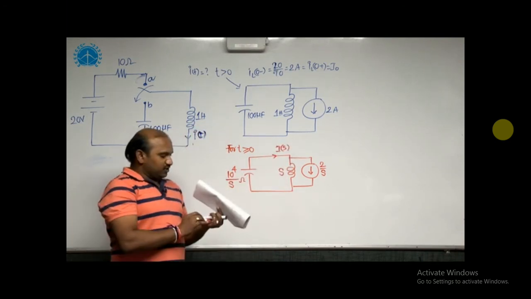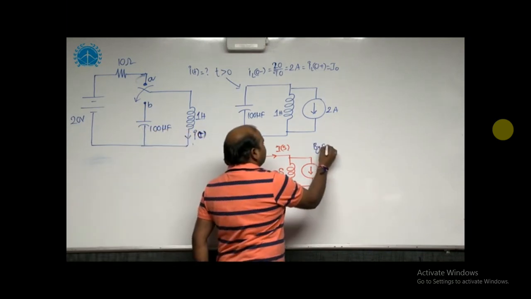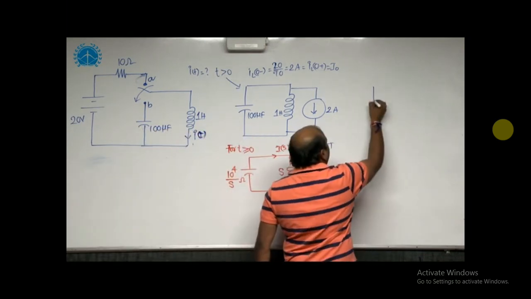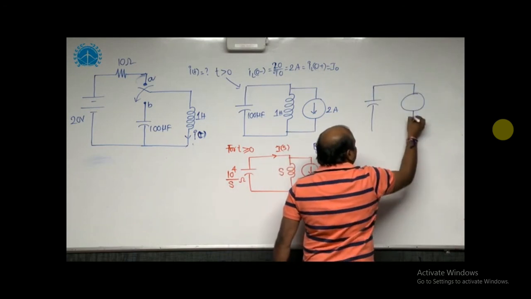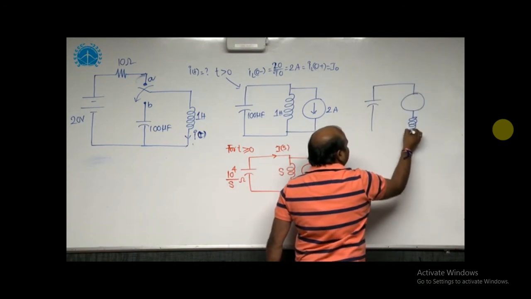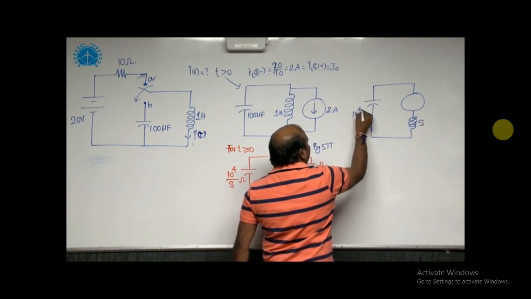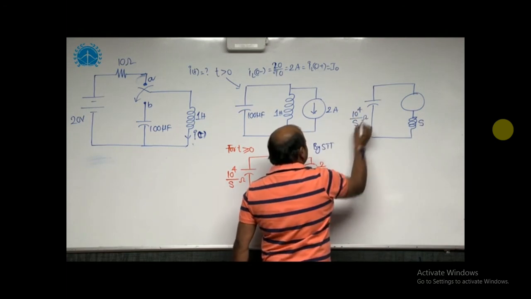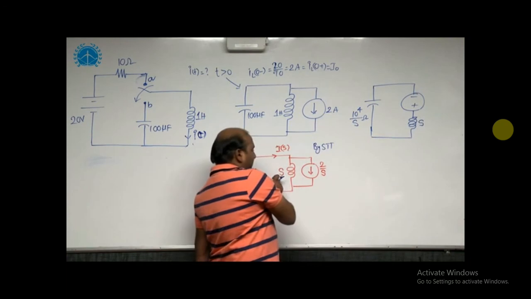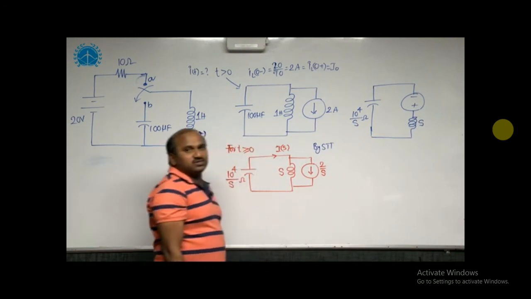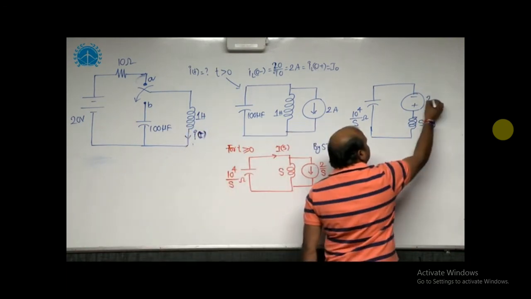Here we need to use the source transformation technique. By STT, I can get the LC circuit like this, a voltage source in series with the same inductance. This is S, this is 10 power 4 by S ohms. As per the current convention, this is negative, this is positive, and the voltage source value is equal to S into 2 by S, which is equal to 2 volts.